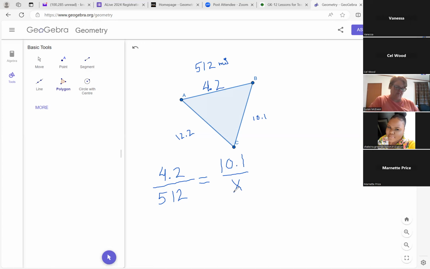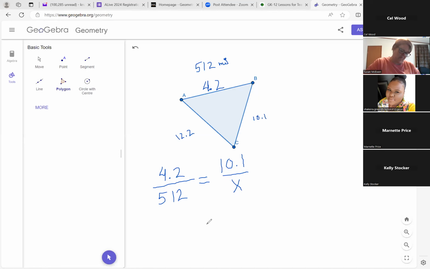So let's solve this first proportion. 10.1 times 512 divided by 4.2. Can anybody give me that? 1,231.24.